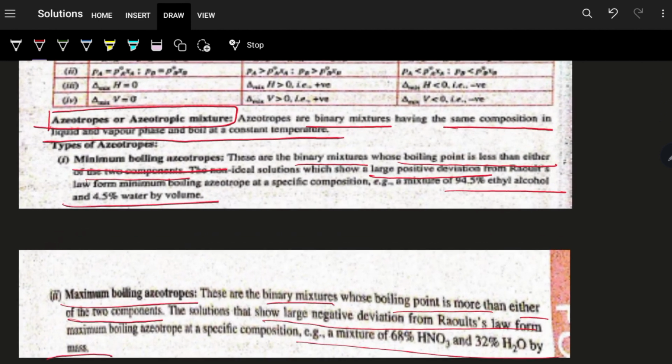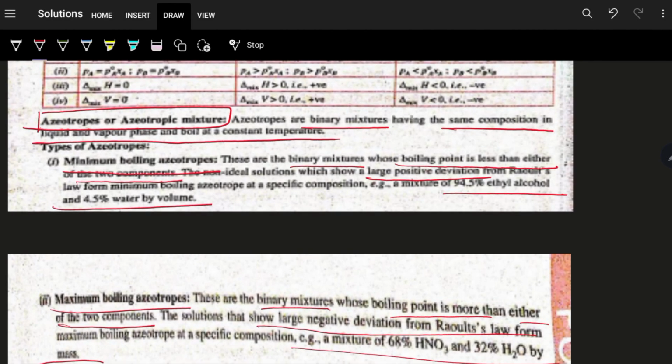Next, coming to azeotropic mixture, they are binary mixtures having the same composition in the liquid and the vapor phase at a constant temperature. It boils at a constant temperature.